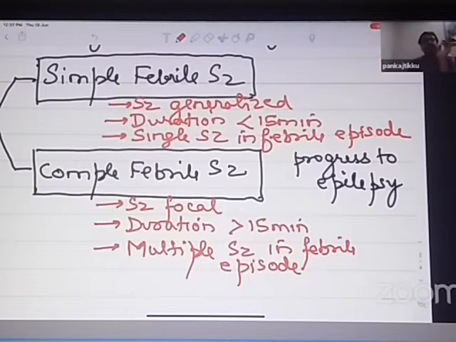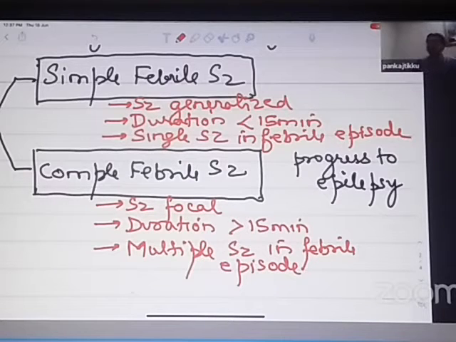Complex febrile seizures were focal, seizures where the duration is more than 15 minutes, multiple seizures in one febrile episode. So 4 to 5 days of fever, multiple seizures occurred. And in the past, it was written that there was a neurological defect along with fit. So fit ended, one half of the body was not moving. There was a cranial nerve paralysis which appeared. This then is likely to be a complex febrile seizure.